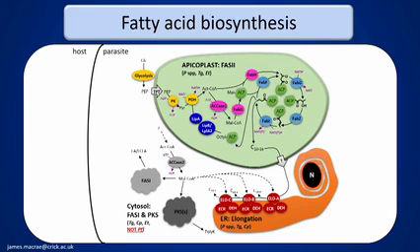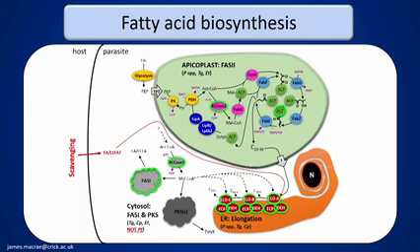What happens here is a fatty acid chain grows, and I'll show you that in more detail in a sec. At some point, it leaves the apicoplast, where it can then be elongated. That happens on the surface of the endoplasmic reticulum by these elongase enzymes that I'll talk about a little later.